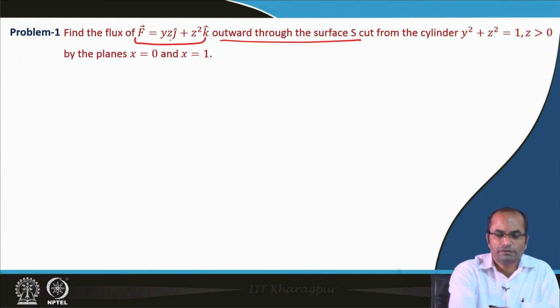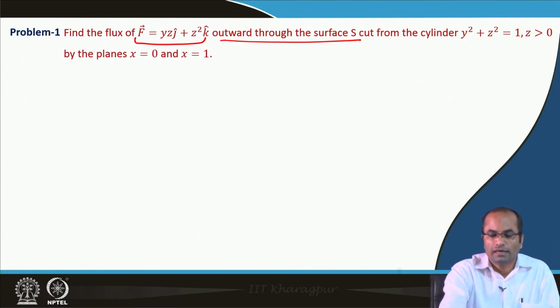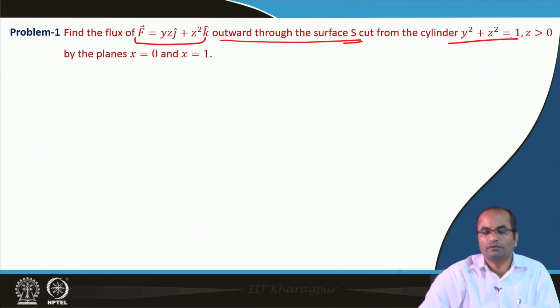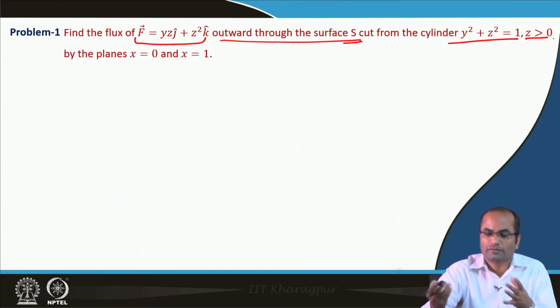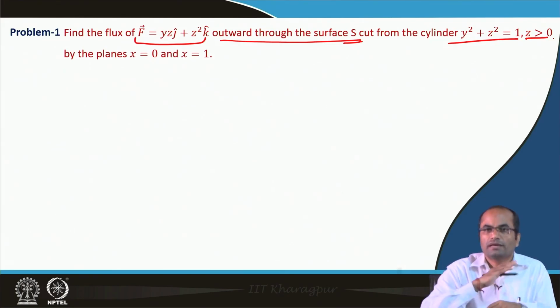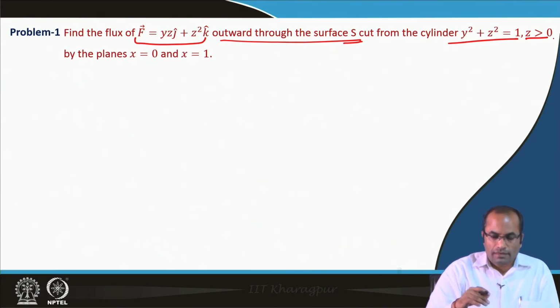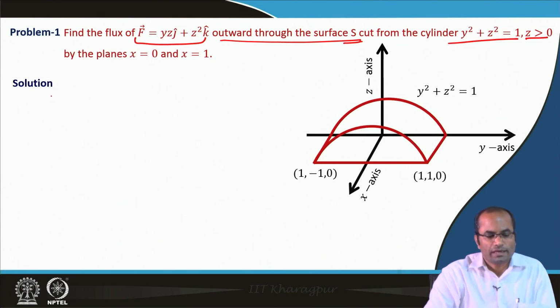The vector field is given, and the surface S is cut from the cylinder y squared plus z squared, which means the axis of the cylinder is the x axis, and only for positive values of z, not negative values. So, it is like a half cut of the cylinder.